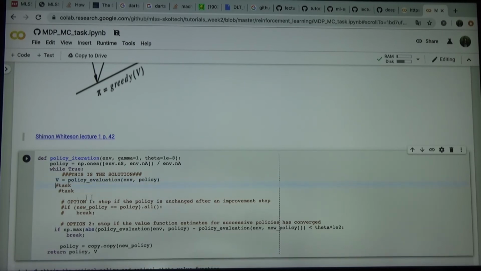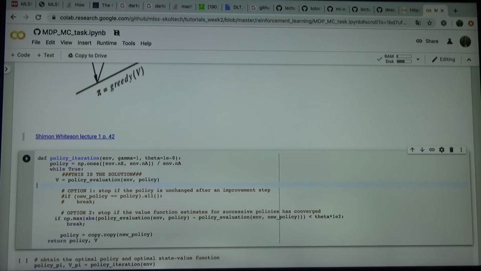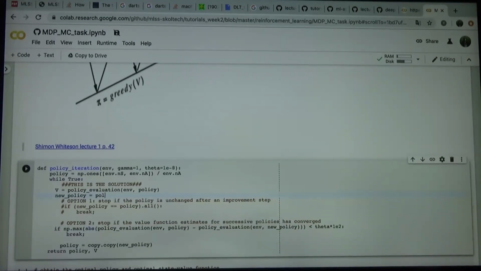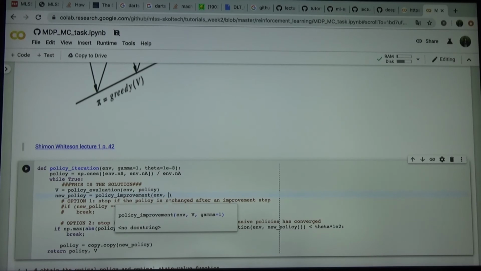And next, we are going to do the new policy, which is equal to policy improvement. And policy improvement takes the environment and the V that we already computed, right?